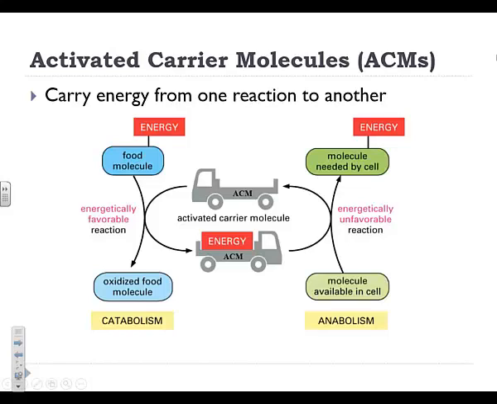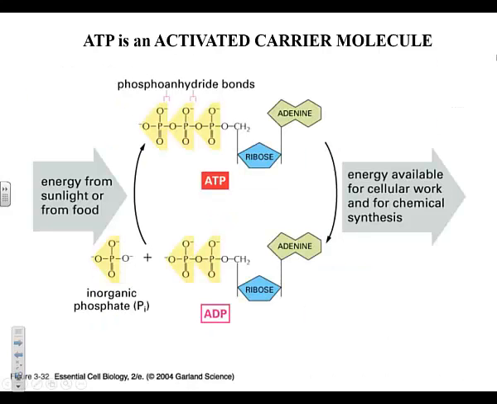They require that coupling to the energetically favorable reaction of ATP converted to ADP. So it's not only ATP that's an activated carrier molecule. In this case, ATP is carrying a very high energy phosphate. But you can also have molecules like NAD+, FAD+.